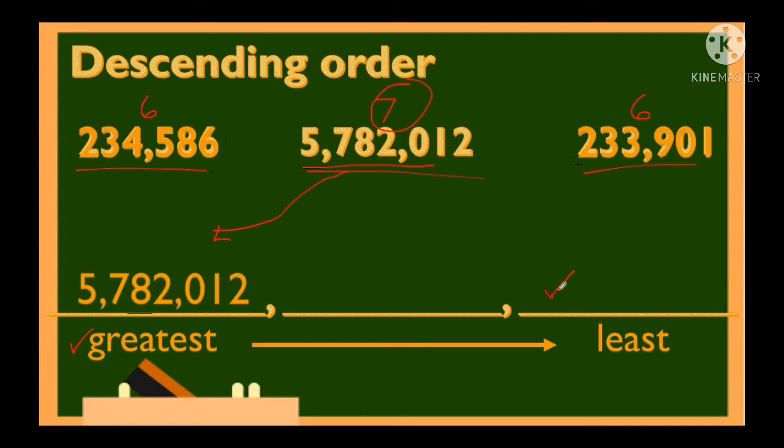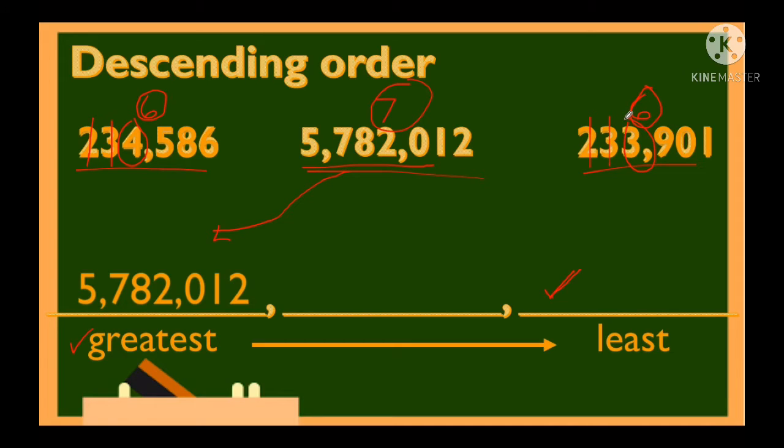How about the least? Let us find first the least. Since we have 2 6-digit numbers, we need to compare their digits. We will start at the left side. So we have 2, 2. Oops, they are the same. What are we gonna do? We need to move on to the other digit. So we have 3 here and 3 also here. They're the same. Let's move on here, 4 and 3. Not the same.